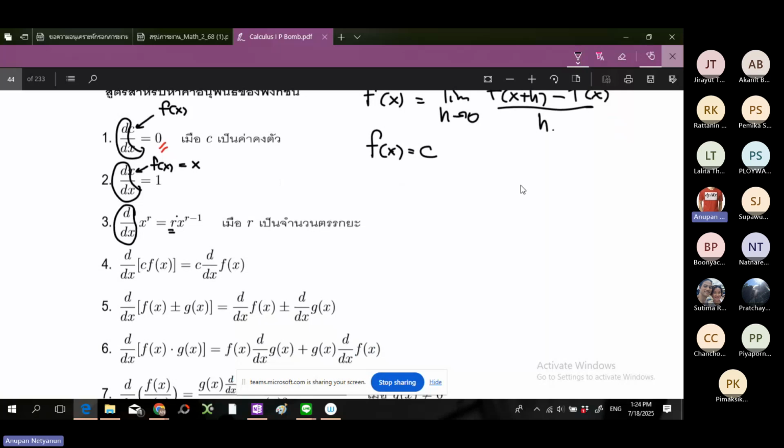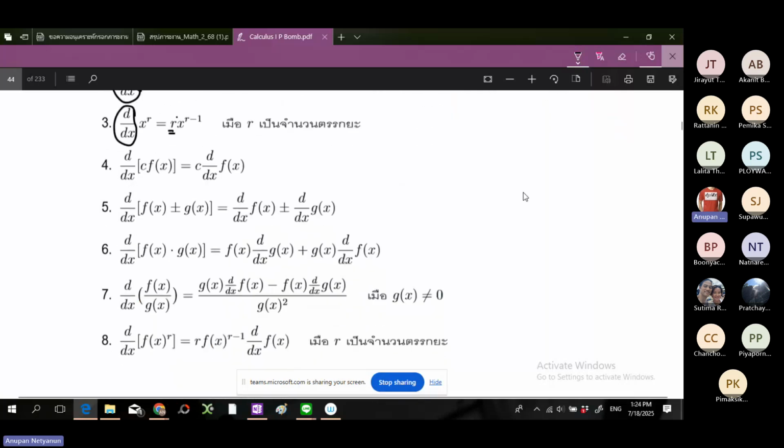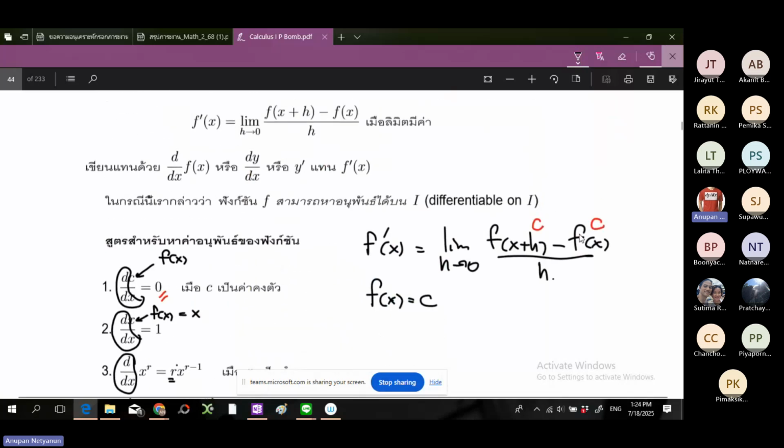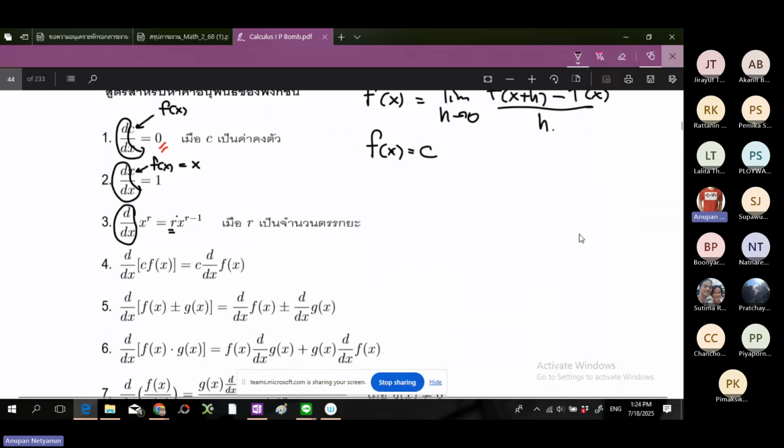Now, there is the property, which is, if you remember, the derivative involves a limit. And when you have a limit of something, inside the limit, a constant can come out. And since the derivative involves a limit, the derivative can take it with your f of x, and then you multiply with c later.